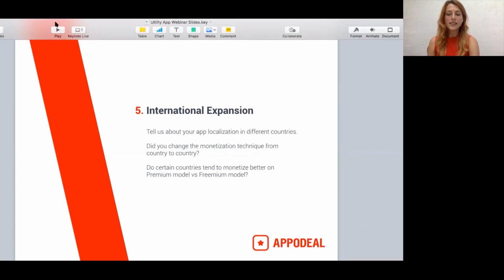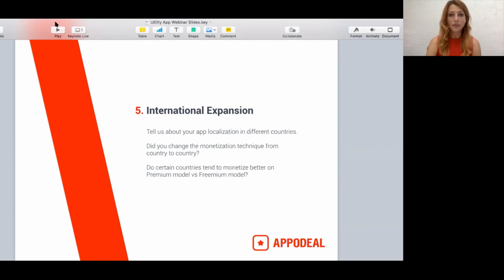So let's dig into international expansion, and what you experienced when you went from Poland to other countries. From my understanding, Gismart has always been international, so you probably didn't have as much experience in this area, but maybe there were new geographical regions where you encountered some challenges.